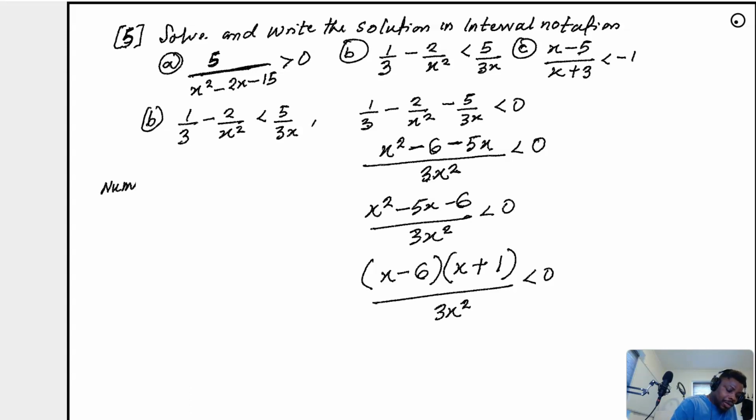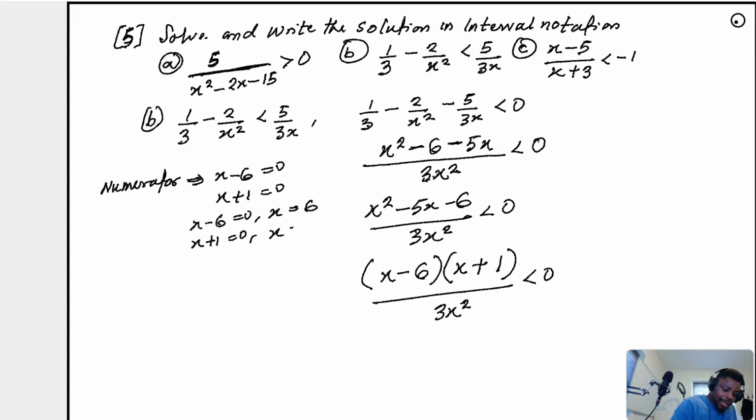So for our numerator, x minus 6 is equal to 0, and x plus 1 is equal to 0. So x minus 6 is equal to 0, that means x is equal to 6. x plus 1 is equal to 0, that means x is equal to minus 1. That is for the numerator.